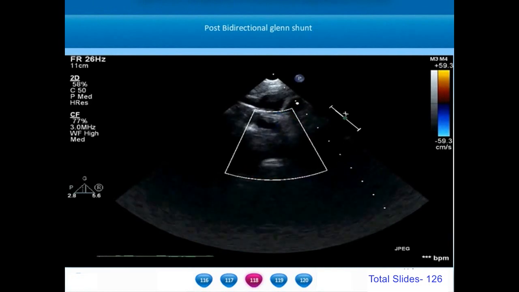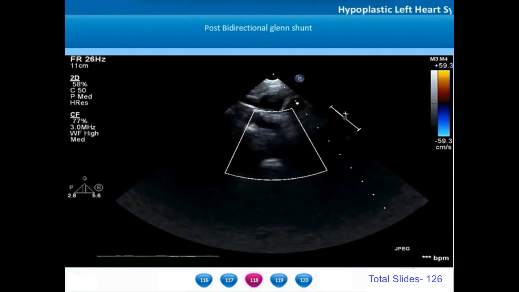If the patient had been palliated previously by bilateral PA banding as a part of stage 1 hybrid procedure, the bands will be removed, a pulmonary artery new confluence will be formed between the right hilum to the left hilum of the PA and the Glenn shunt will be done.